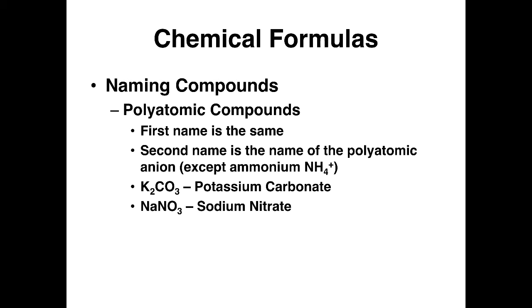Here sodium is combined with the nitrate polyatomic ion, which has a -1 charge, and this is sodium nitrate. Barium is combined with the sulfate polyatomic ion. Barium is a +2 and the sulfate polyatomic ion is -2, so this is barium sulfate.